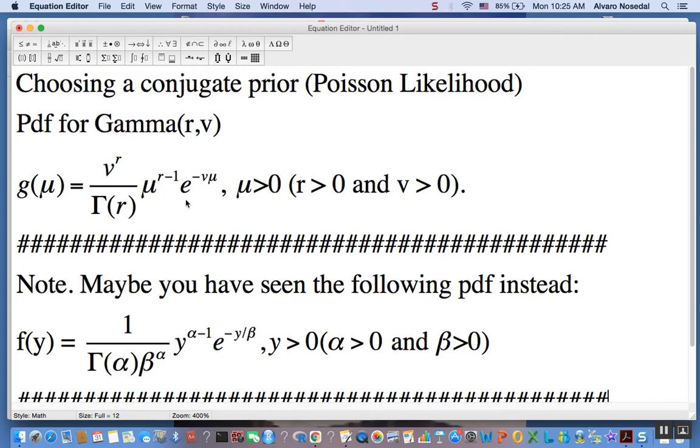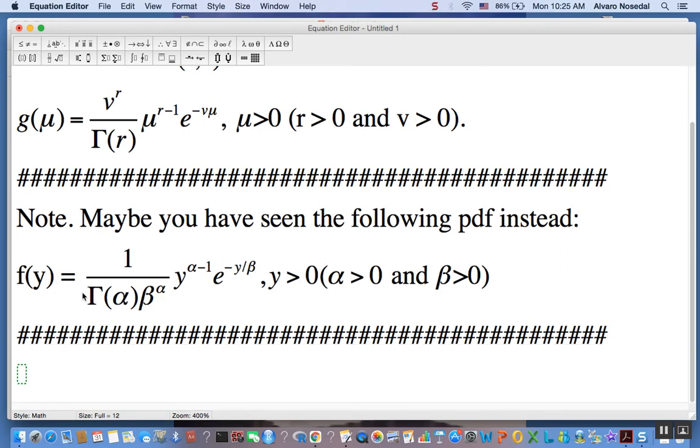Because then you end up with updating rules, the rules that allow you to find the parameters for your posterior distribution, that are easier to remember using this expression for the gamma prior. That's the reason. But as I said, you could use either one of these, and if you're consistent, your results will match.